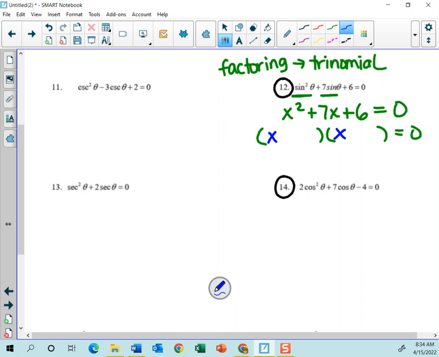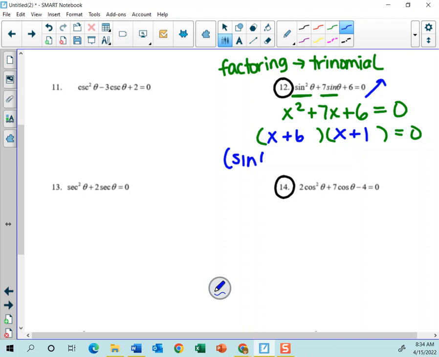And so now I can do factors of 6 that add up to 7. Hopefully everybody's like, yep, I got you there. 6 times 1 is 6. 6 plus 1 is 7.